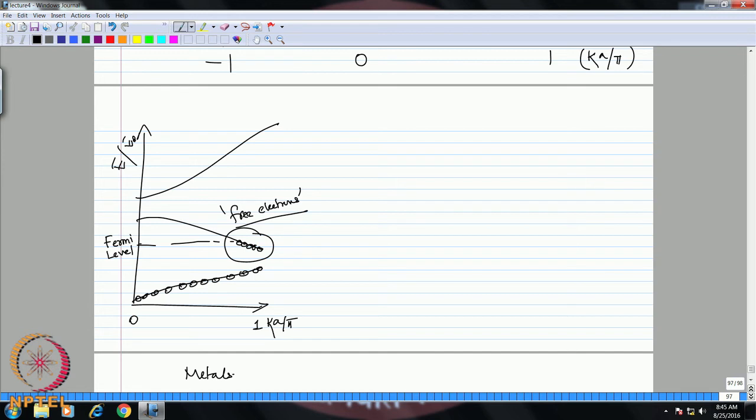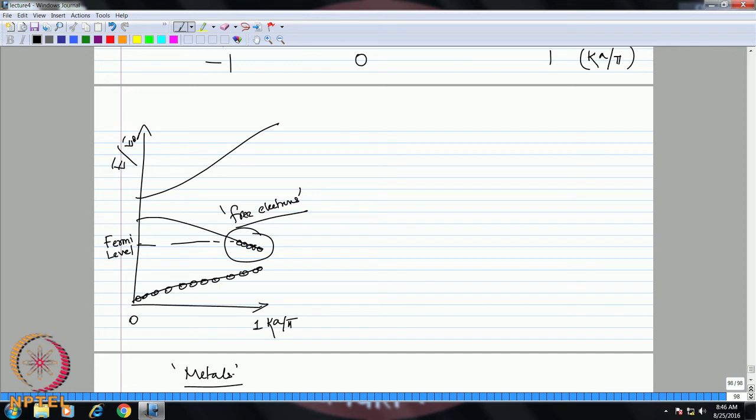You have to look at the Fermi level, and from there onwards you will decide what is the valence band and what is the conduction band. In this case, in the conduction band, you have plenty of space to move the free electrons. Therefore, these behave like metals, they are very good conductors of heat and current.